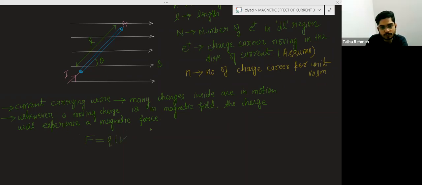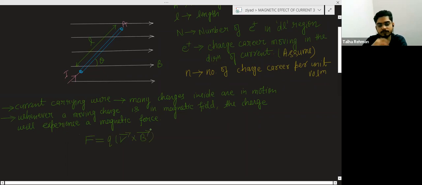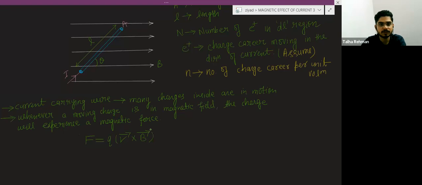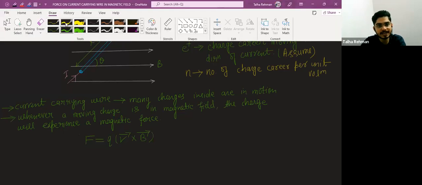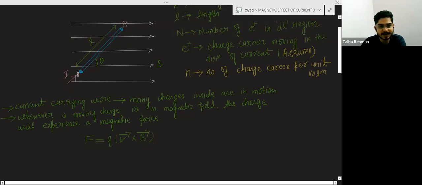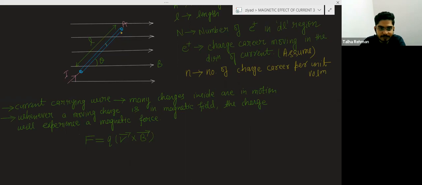Now I want to calculate the total force acting on this wire in the magnetic field. So I am taking a very small region of this wire.